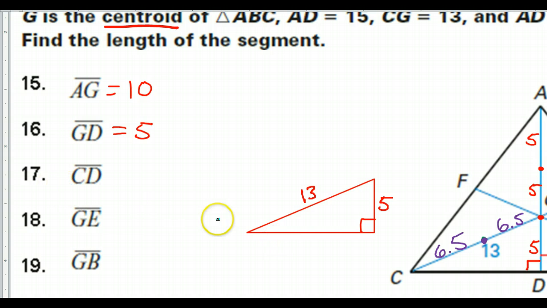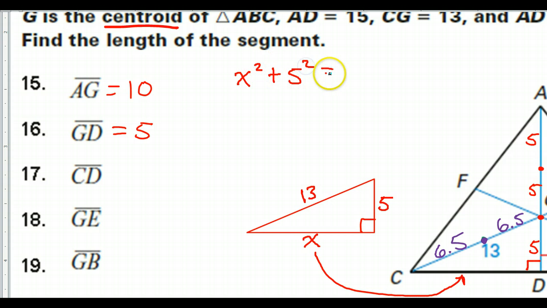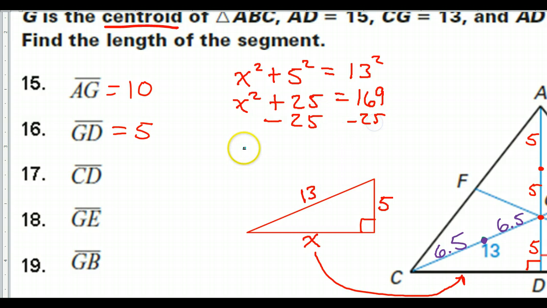So for problem number 17, we're supposed to find length CD. So we're supposed to find this length right here. If I find this x, that'll be length CD that I'm really finding. So I'm just going to do the Pythagorean theorem. Leg squared plus leg squared equals hypotenuse squared. So that's going to be x squared plus 25 is equal to 169. Subtract 25 from both sides.